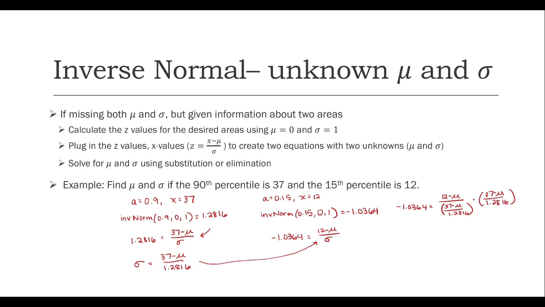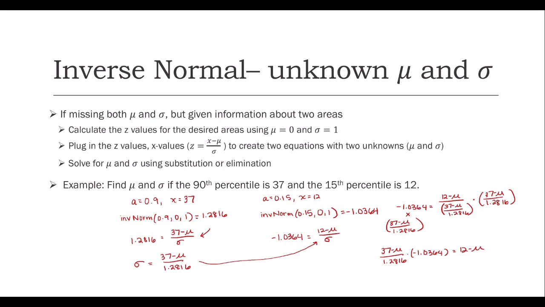So we have 37 minus mu over 1.2816 times negative 1.0364 equals 12 minus mu.